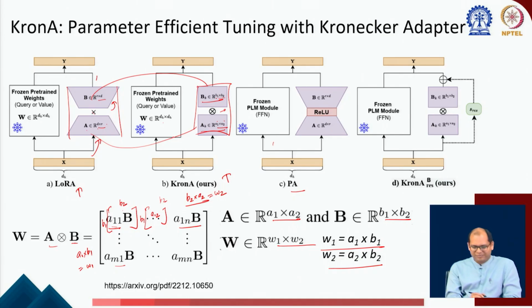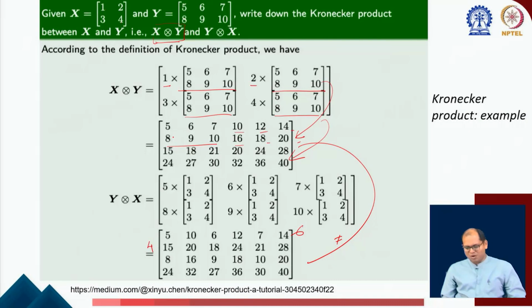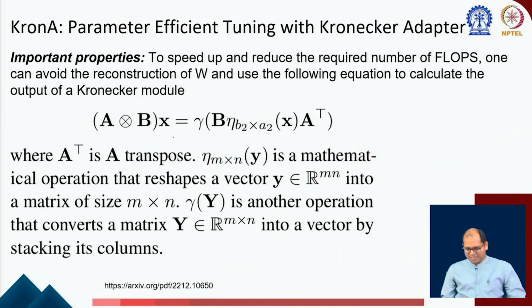That would be more inefficient. It turns out there is a nice property of the Kronecker product that you can use to reduce the number of computations. You can reduce the number of flops and avoid the reconstruction of this delta W.